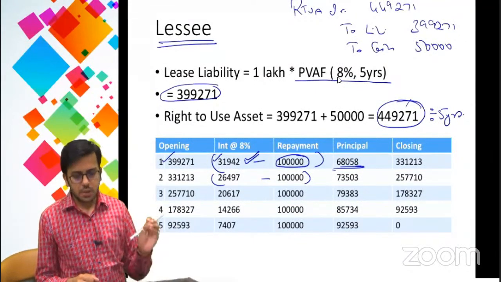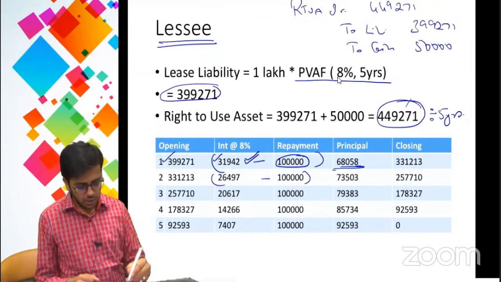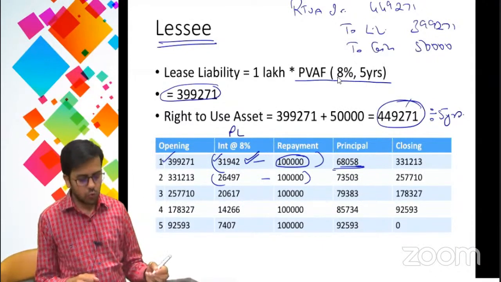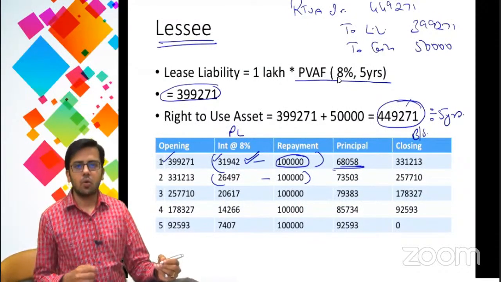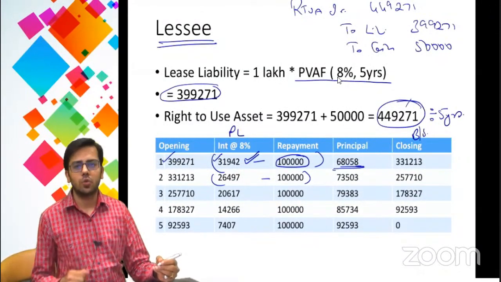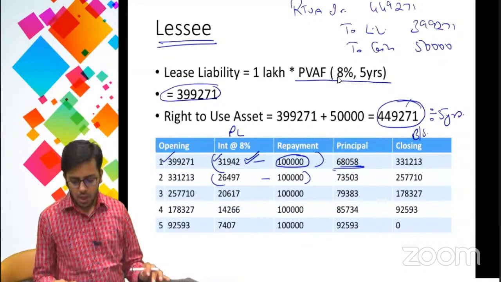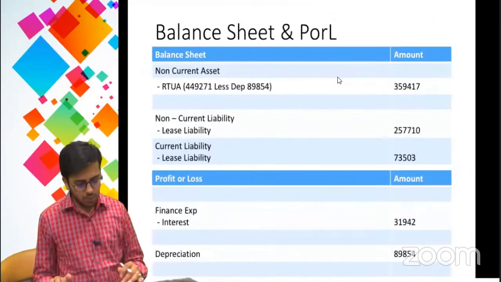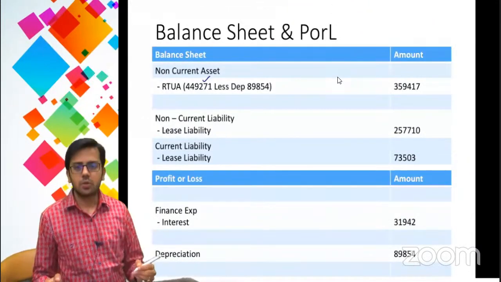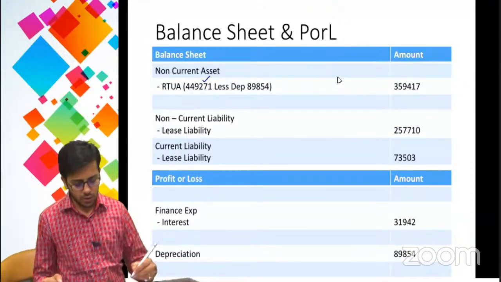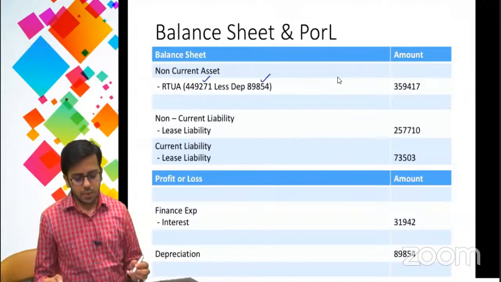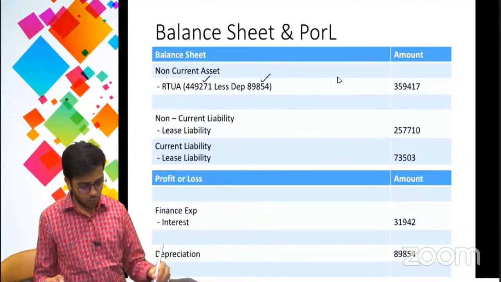Okay. Now what happens? This depreciation goes to PL. This interest amount goes to PL. The closing balance is something that is shown in the balance sheet, and also the right to use asset remaining amount is shown in the balance sheet. How will the same be presented? Let's look over here. We had 4,49,271 appearing as right to use asset. If we divide it by 5, depreciation is 89,854.